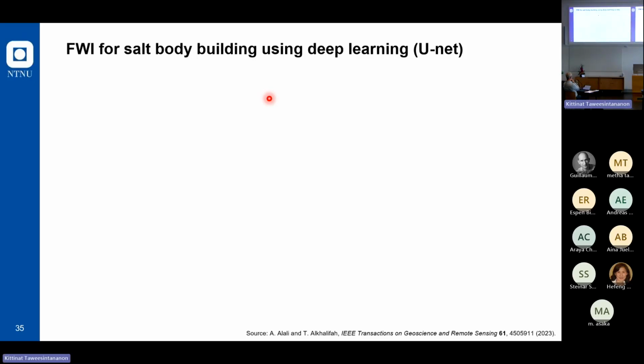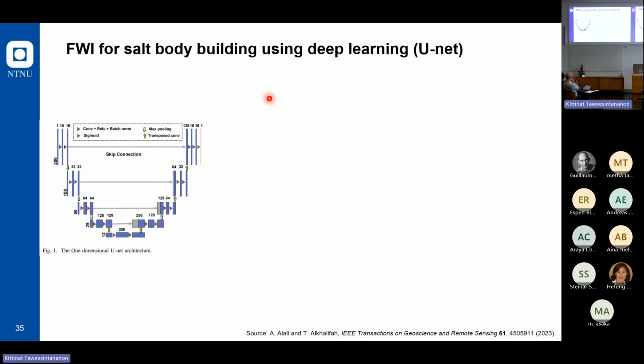Another paper, recently in 2023, tried to use a deep learning UNet network to help FWI build the model for a salt body. This is the idea of the UNet architecture.